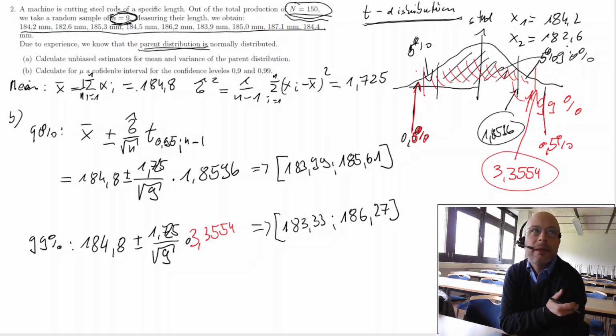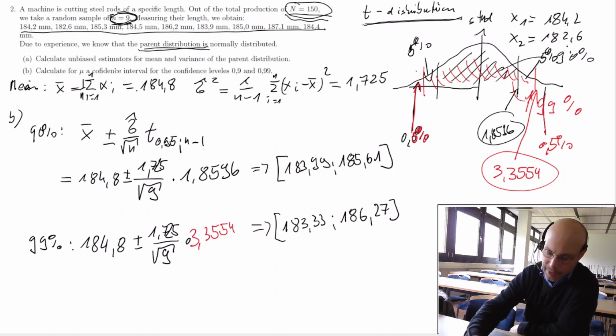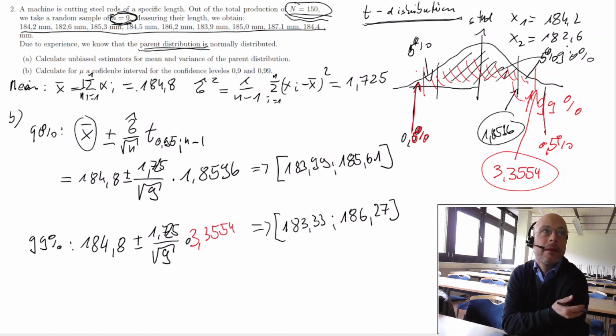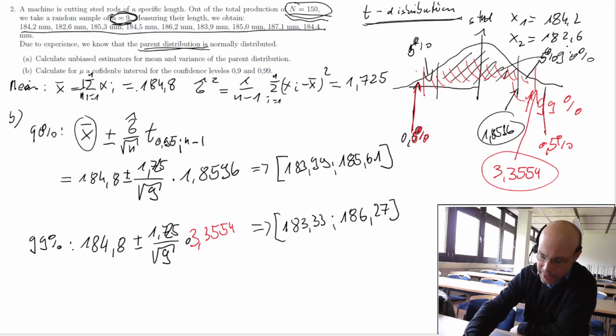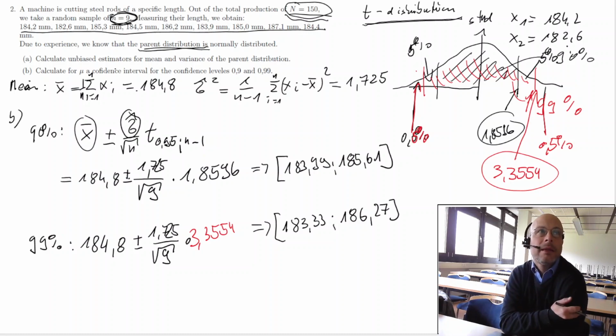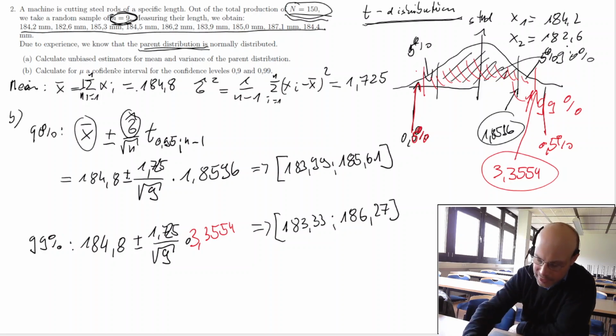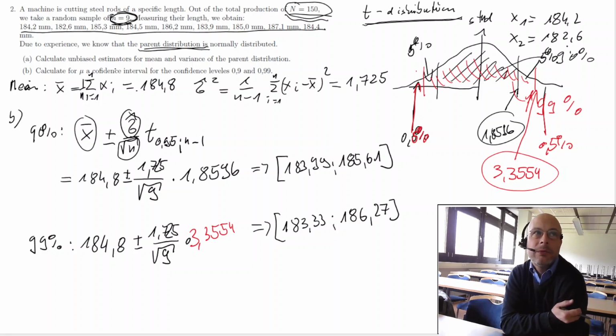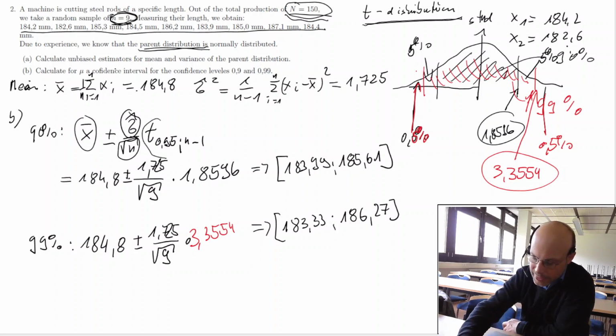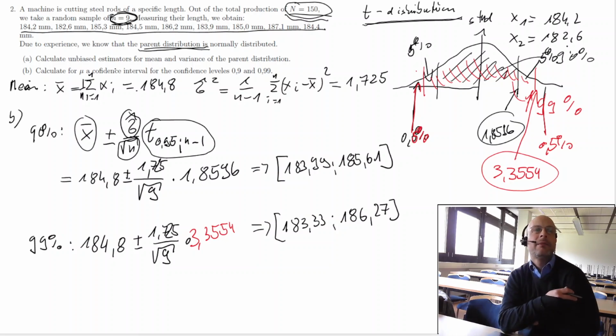So this is always the same procedure: we need the number for our estimator for the mean. Then you calculate the unbiased estimator for the variance or the standard deviation, dividing this by the square root of the sample size, and then multiplying this with the value of the needed distribution.